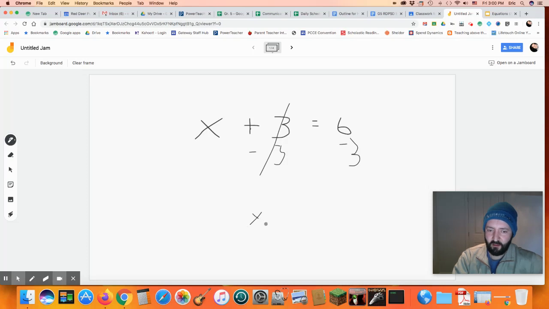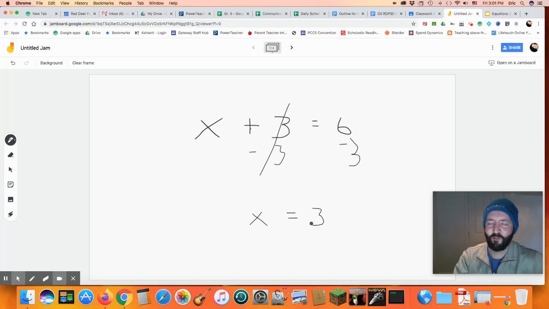And I would like you to show me that that mystery bag equals whatever we have left on the right side. Now remember, we started with 6 and we took 3 away, which means we have 3 left over here.